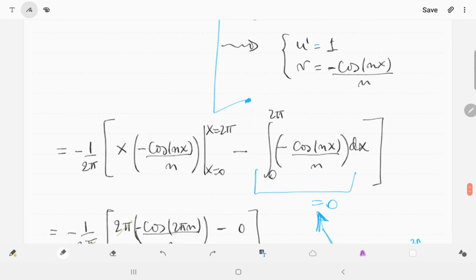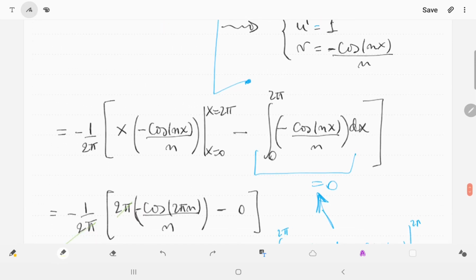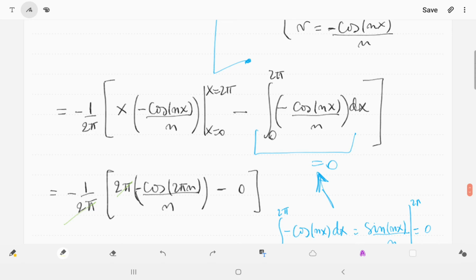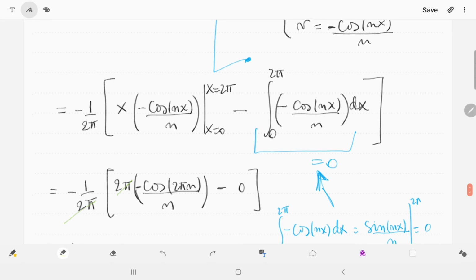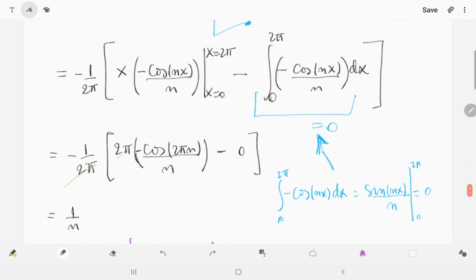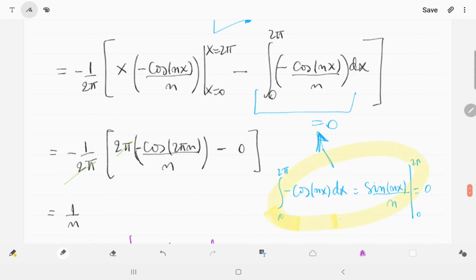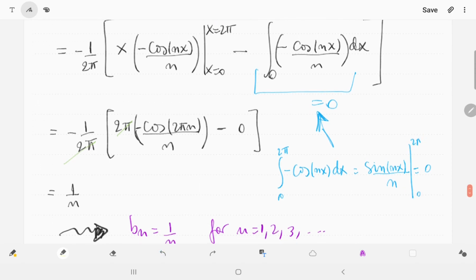By integration by parts, we have this expression, and this part is equal to 0 because it is the antiderivative. Then we evaluate at the extremes of the interval, and we get 0.